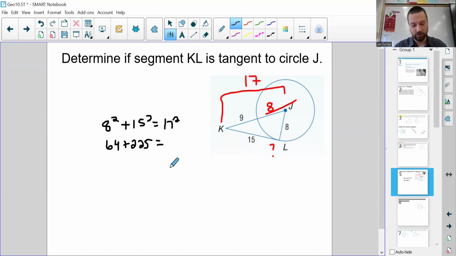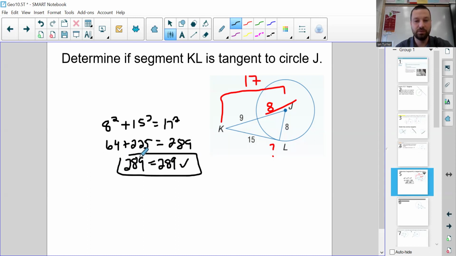But let's see. Oh, 289. Sorry, kiddos. 289. And that means that they are equal. We get 289 equals 289. Check. So it is a right angle. So yes, it's tangent because we get a right angle here. So we got a tangent line, KL.